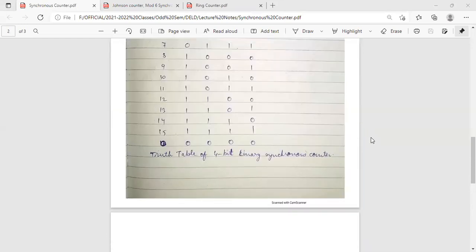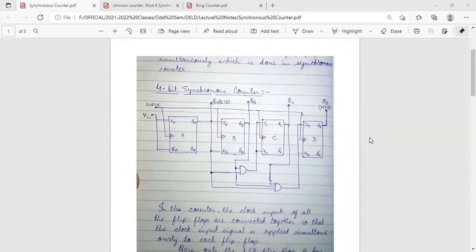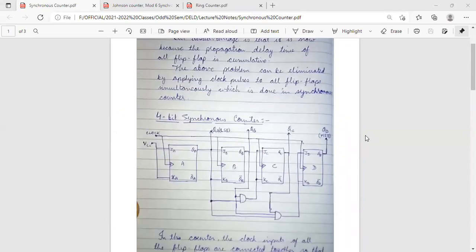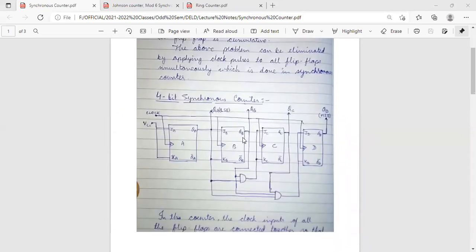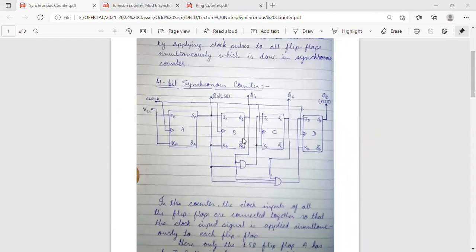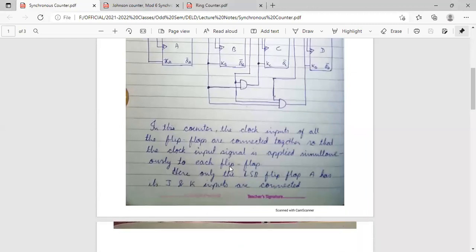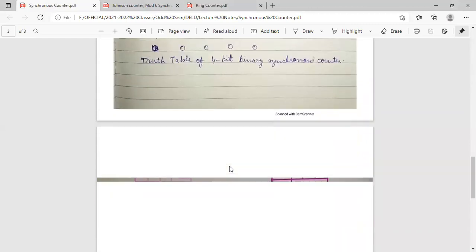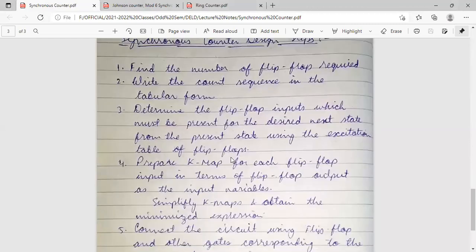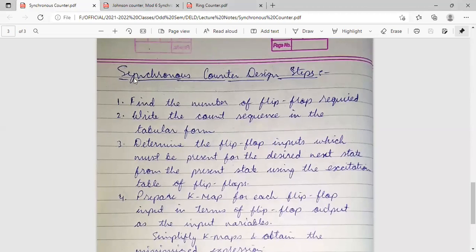In synchronous counter, we have seen the basic 4-bit synchronous counter. As it is a 4-bit synchronous counter, it can count up to 15. The counter shown here was obtained using these steps.